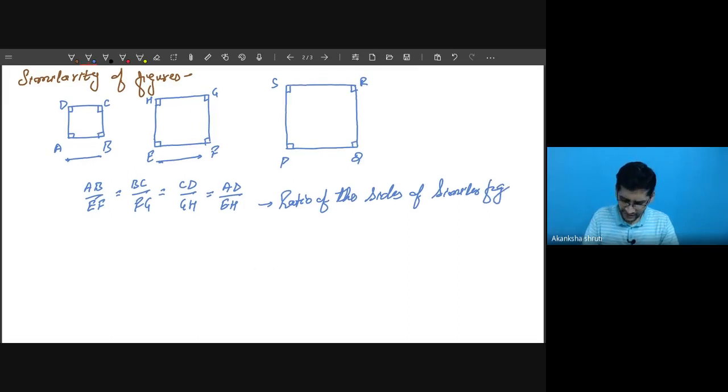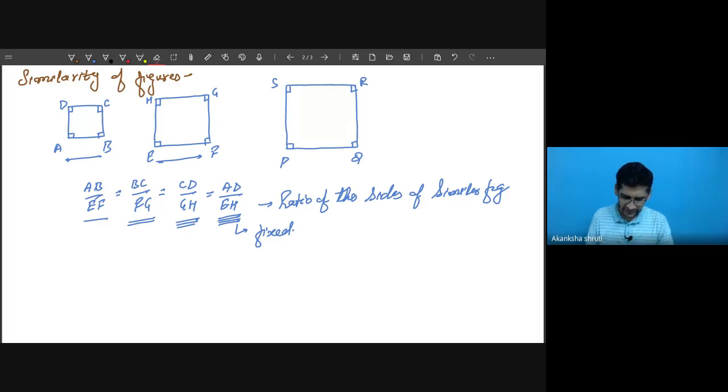This ratio is always fixed or the same. Whatever this ratio will come, it will be the same for the other two side ratios, the same for the third side ratio, the same for the fourth side ratio. Okay, students? So this thing we have to keep in mind.